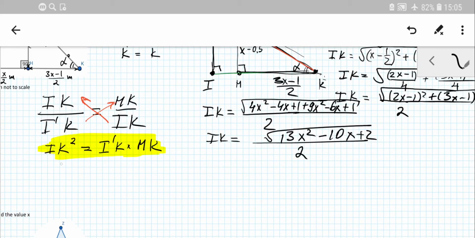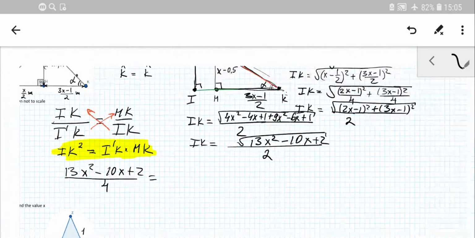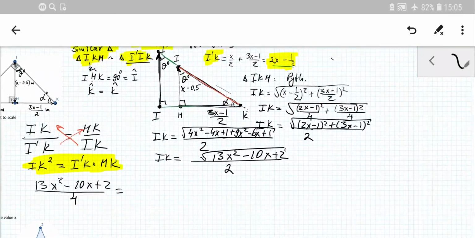Let's square it up, so we simply get rid of our square root, and we've got (13x squared minus 10x plus 2) over 2 squared, which is 4, equals, here we need to add IK, which is (2x minus 1)/2, and we multiply with HK. So let's say HK is (3x minus 1)/2.